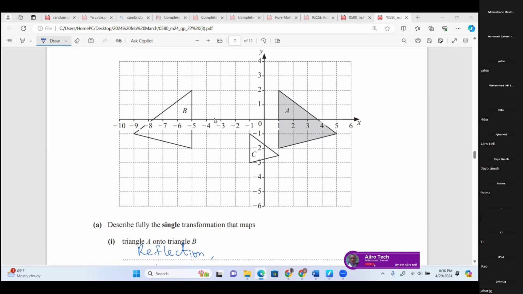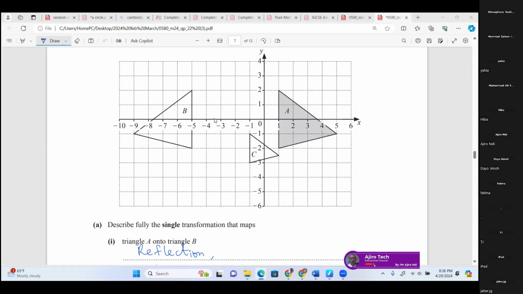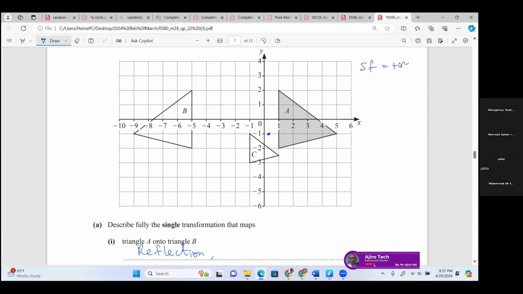Now, this is an enlargement question. We need to look for the center of enlargement and the scale factor. I prefer looking for the center of enlargement first. Look at these two objects. If the center of enlargement is in between both of them, then the scale factor is negative.